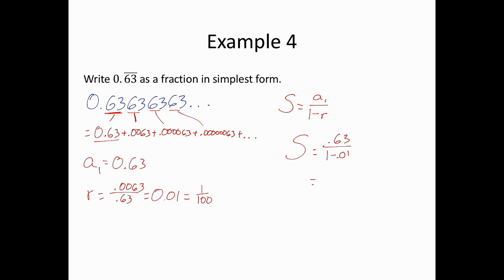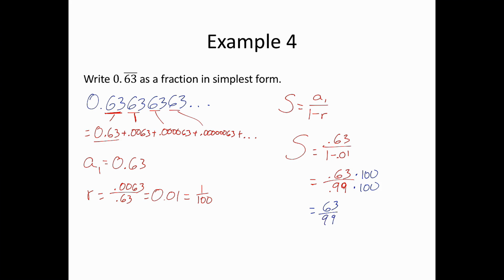Cleaning that up a little bit, we got 0.63 over 1 minus 0.01, which is 0.99. Now, decimals over decimals inside of fractions, that's kind of nasty. What I would recommend is multiplying both numerator and denominator by the same value so that you don't have decimals for either. If I multiply them both by 100, we end up with 63 over 99. It's a nice, fairly clean fraction.